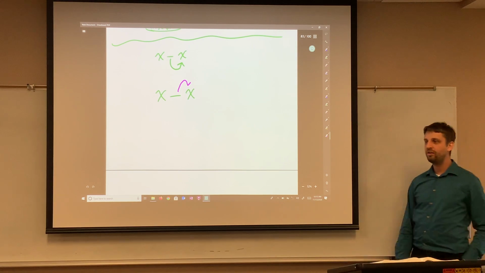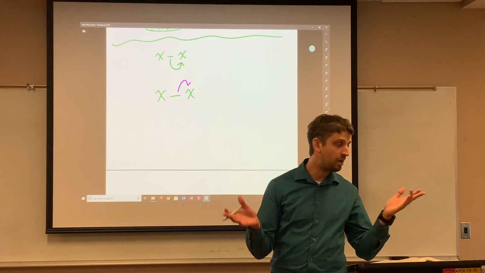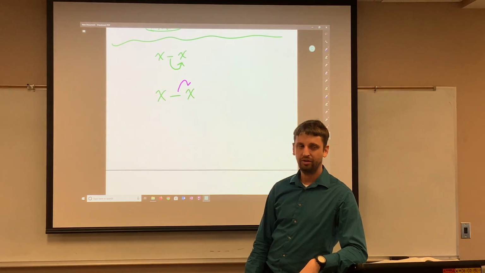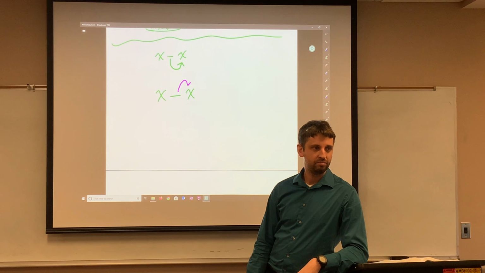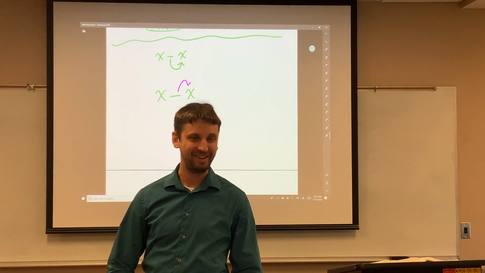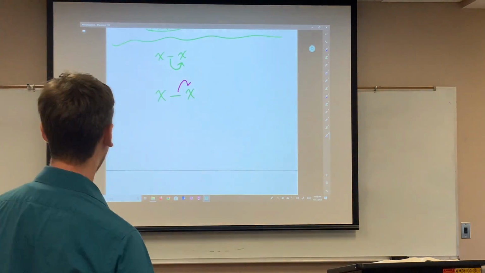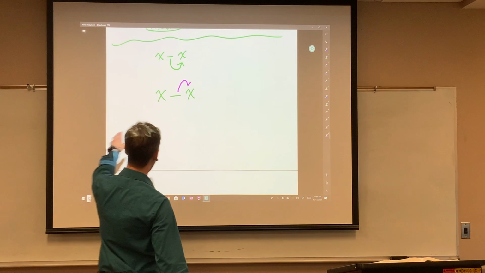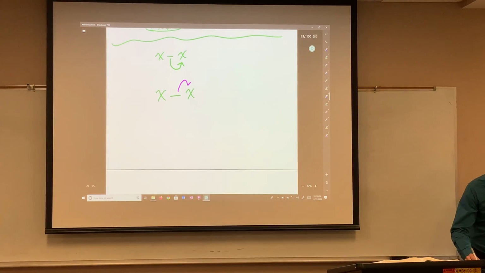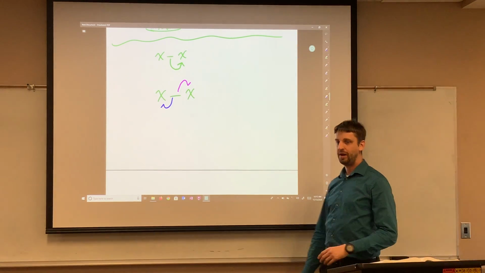You draw a single-headed arrow. A double-headed arrow moves two electrons. A single-headed arrow moves one electron. So when you draw two, one goes to each. I am moving one electron here, and my other electron goes there.